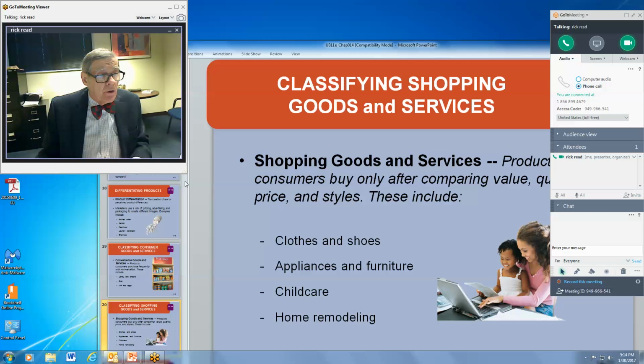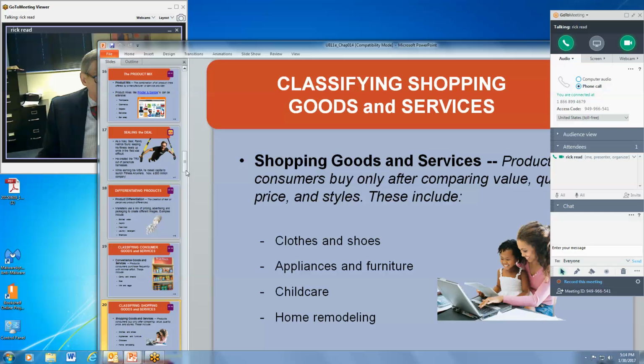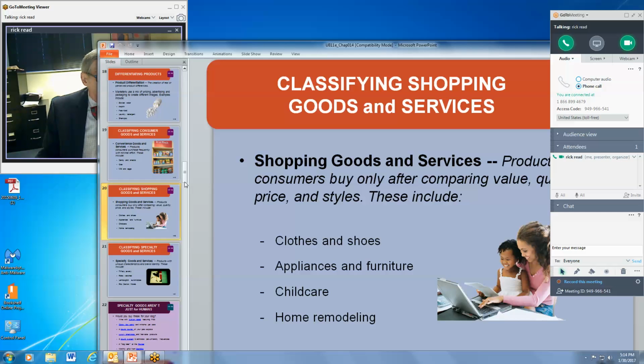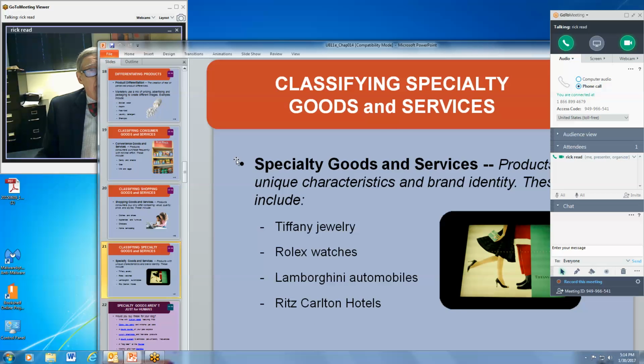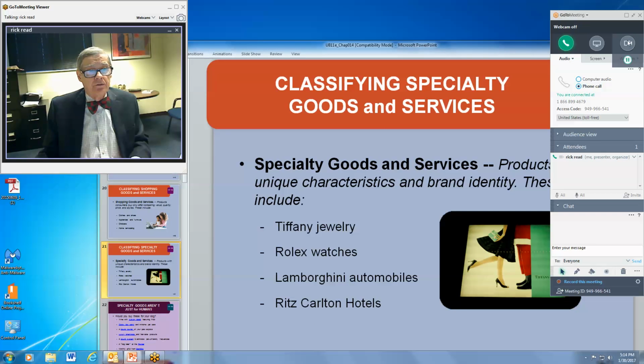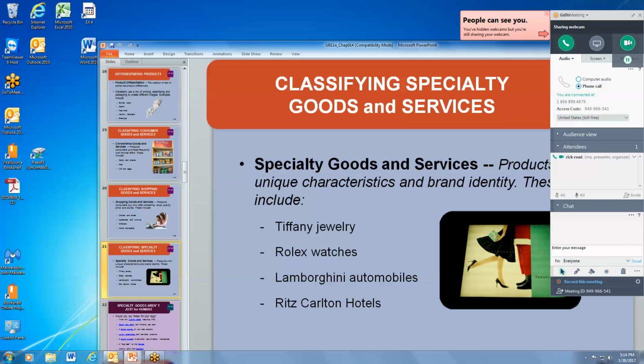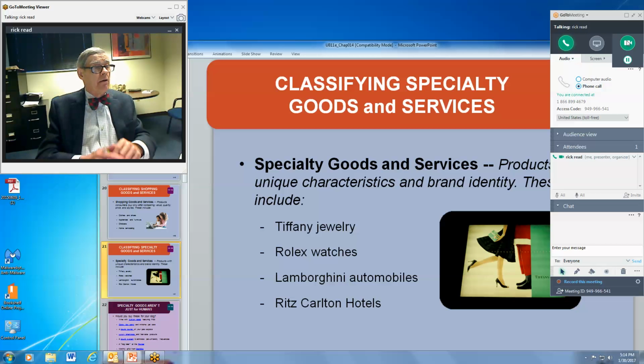In the next category, excuse me, I have to move the slide here a second. The next category we're going to come to is specialty goods and services. Notice that these have unique characteristics and a distinctive brand identity, like a Rolex watch or perhaps a Rolls-Royce.